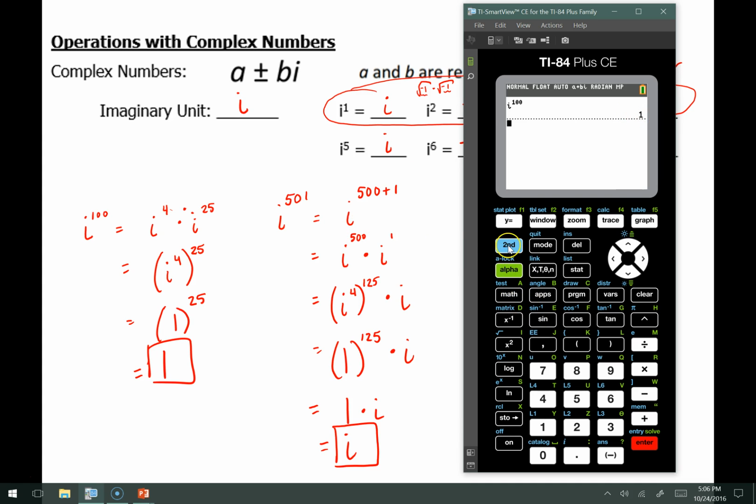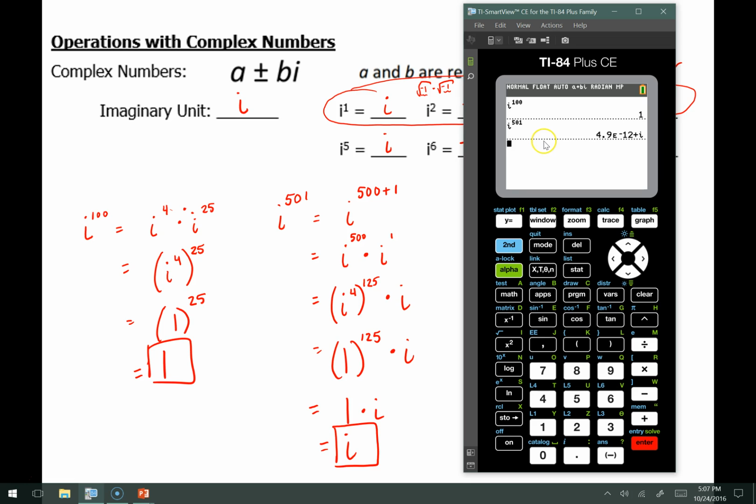If I do i raised to the 501st power and hit enter, it gives me a weird, ugly scientific notation number: 4.9 e to the negative 12. That's a really small number, where the decimal place gets moved 12 units to the left.